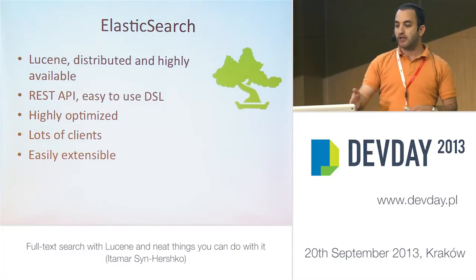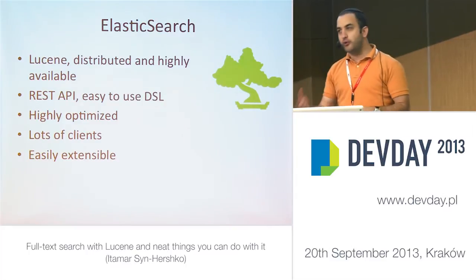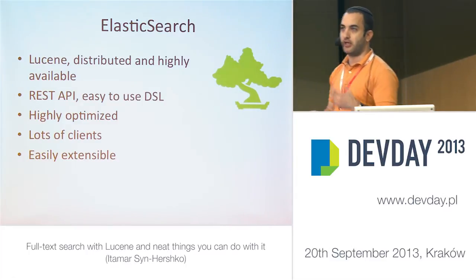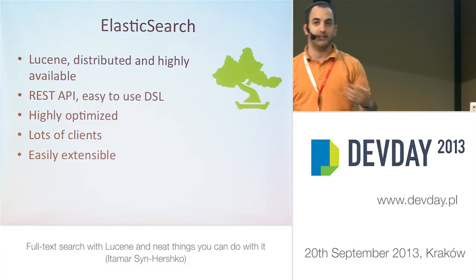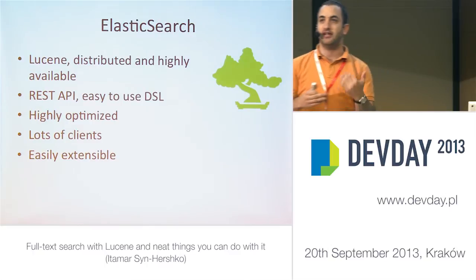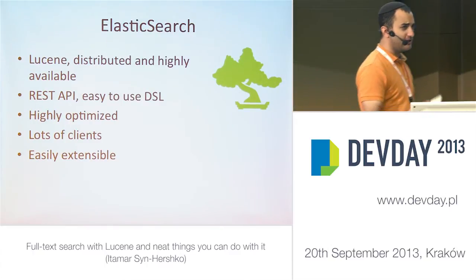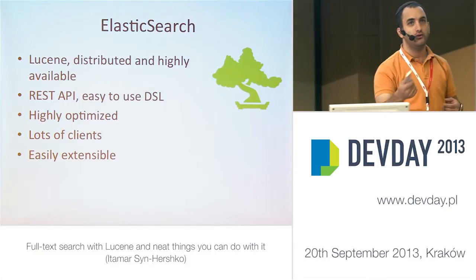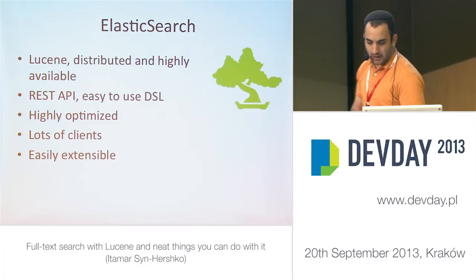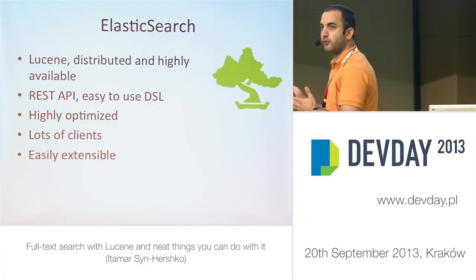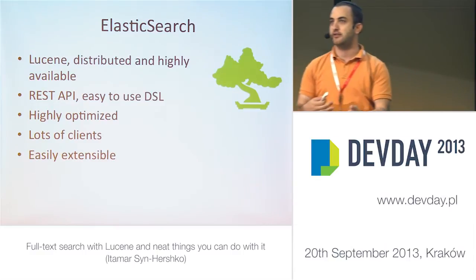ElasticSearch is written in Java as well, and if you write Java, you would usually prefer to use the ElasticSearch Java client, which is a dedicated client. It talks a bit differently. It doesn't use the REST API. It's a better option for you to talk over the network. It uses netty and serialization. So if you use Java, you probably use the actual ElasticSearch as your client as well.